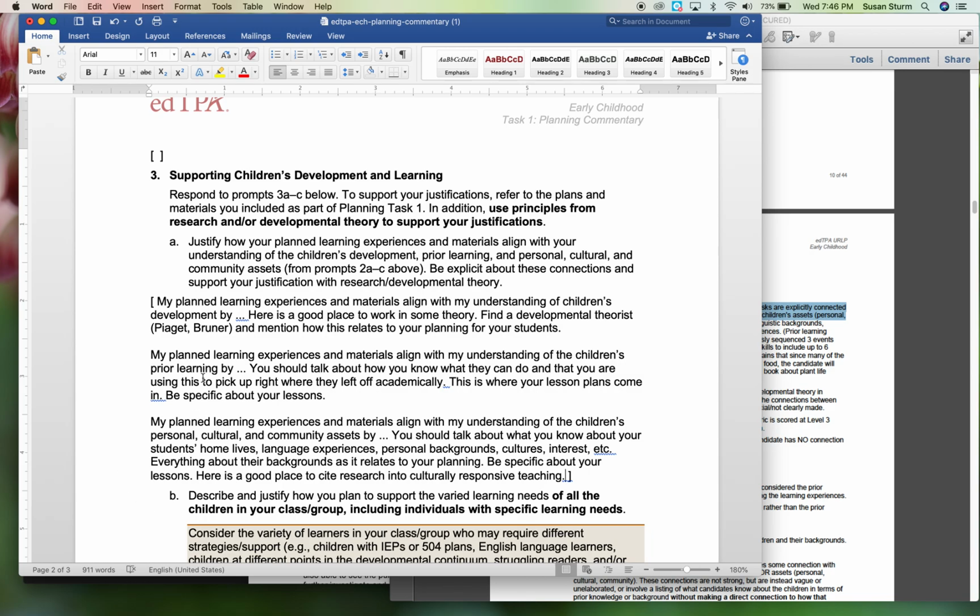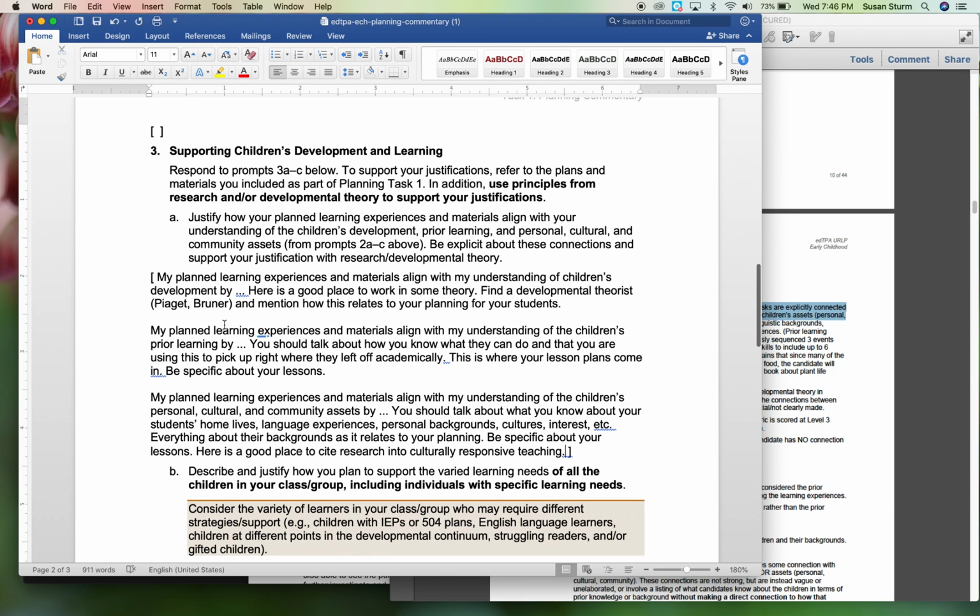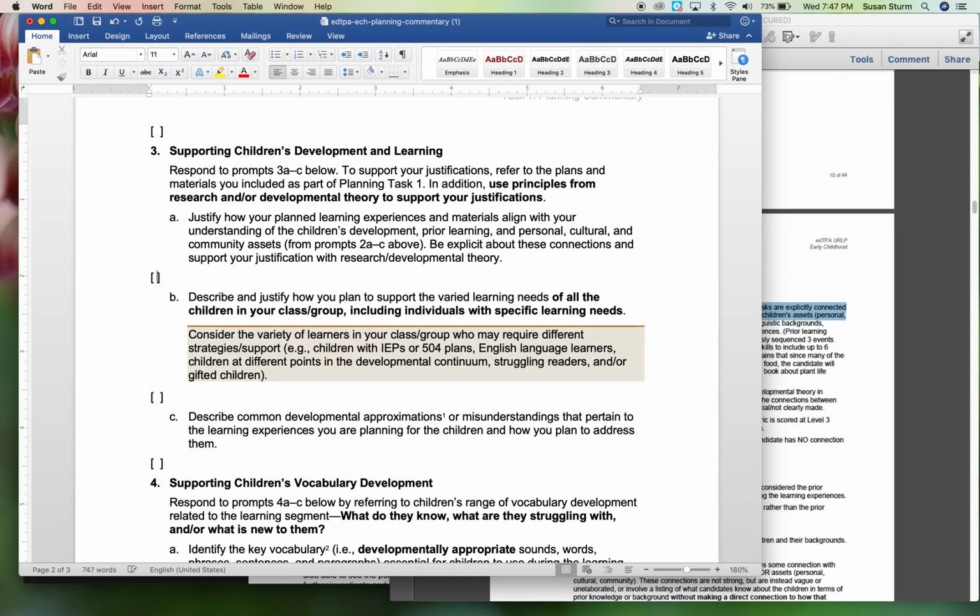Okay, so that is question 3. Make sure you're citing some research there and some theory. Never a bad idea to have one of each.